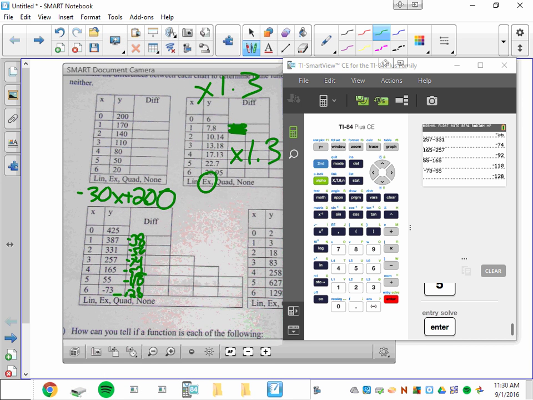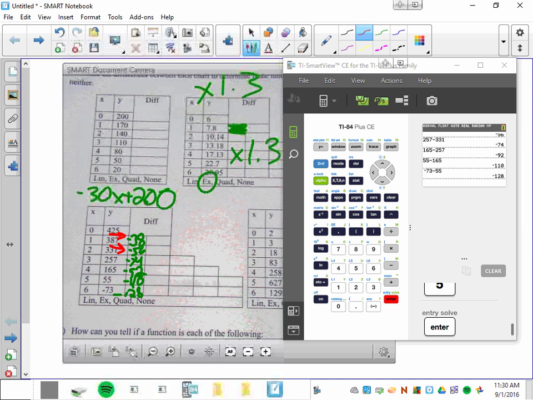Okay? Now, once we have all of those, we need to look for the second difference and see if it's constant. So how far is it from negative 38 to negative 56? Not 18, it's negative 18. We're going down.